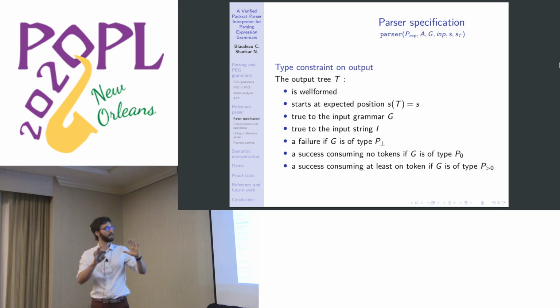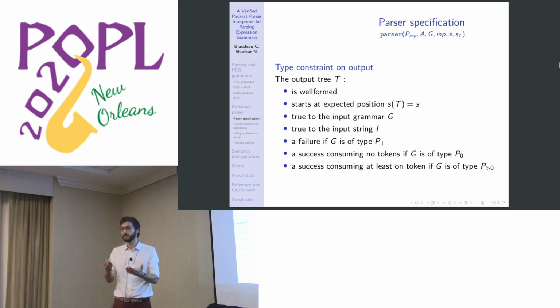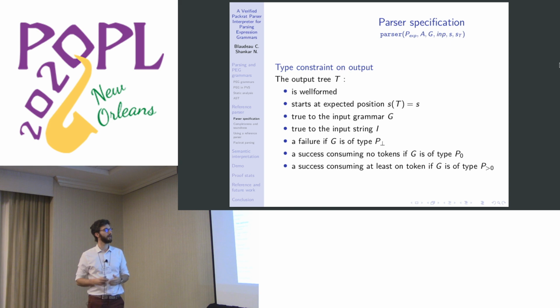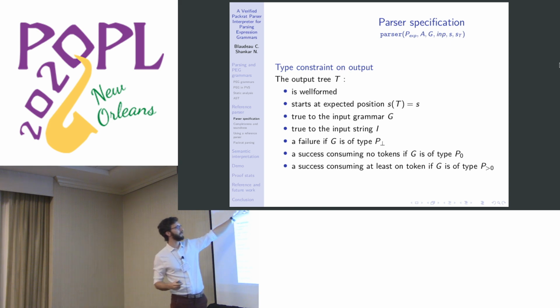It's needed for termination. But most of the parser specification is done on the output type of the tree. That is something you can do in PVS, have very complex types, and we use this to specify that the parser behaves in a correct way just by saying that the output tree verifies a certain number of properties. First and most important, the output tree is well-formed.